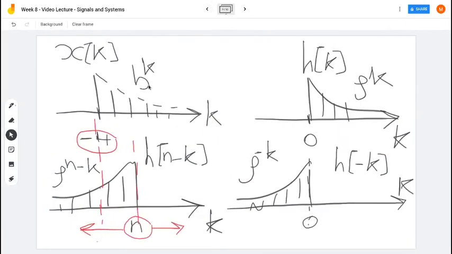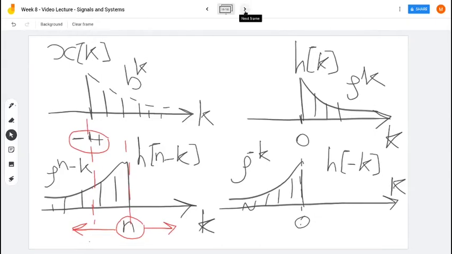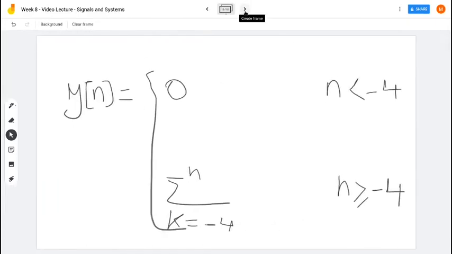X of k is simply b to the power k, and h of n minus k is rho to the power n minus k. So inside the summation we'll be having b to the power k rho to the power n minus k. Of course, this summation is over the variable k, so I can move rho to the power n outside of the summation. And now we will get the following.